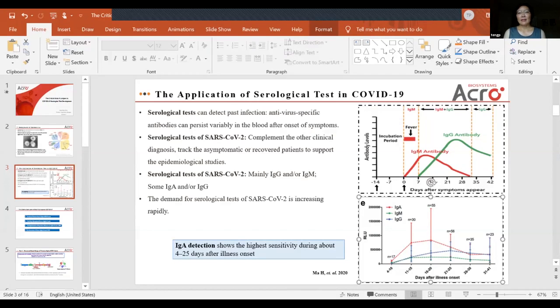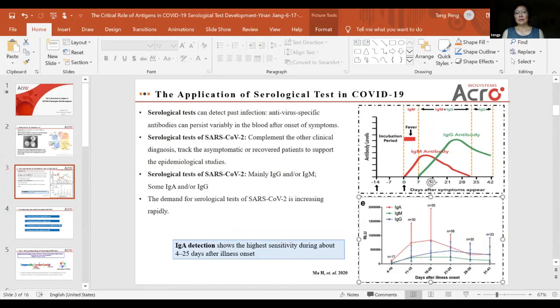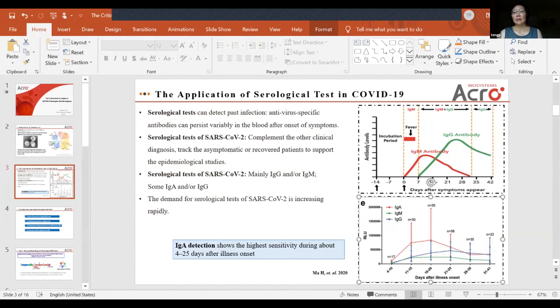Usually IgA and IgM respond more rapidly in the early stage of the infection, and the IgG usually responds later and lasts for a longer time. So the serological test kits can test those different types of antibodies for diagnosis.